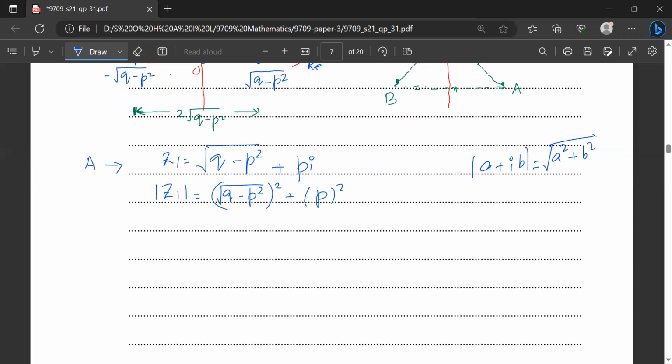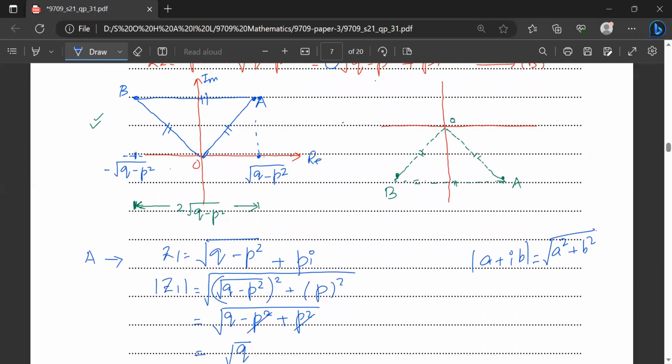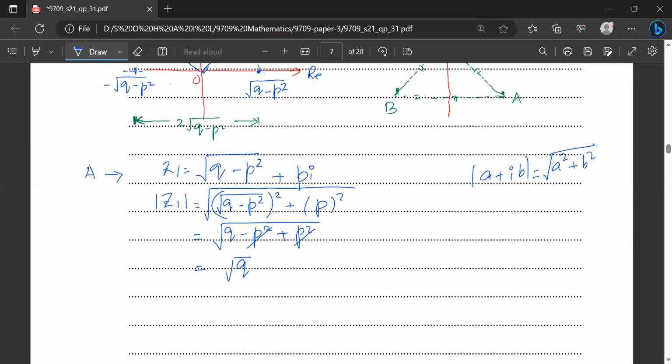I'm using this here. So it equals the square root of q minus p square whole square plus p square, which equals root q. And yes, this is the modulus, because this root was z1. So this is the length from O to A.